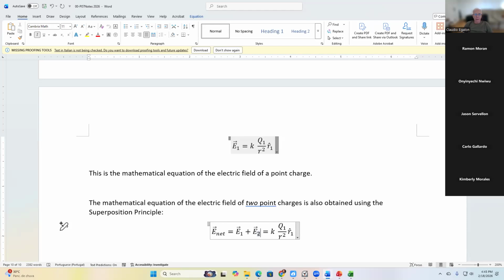And how do we write it? We write it exactly like we wrote before. Here you go. KQ1, Q1 stands for charge 1. KQ2. And by the way, I now have to write down the subscript 1, the distance from charge 1, distance from charge 2. And here it's going to be the unit vector from charge 2.